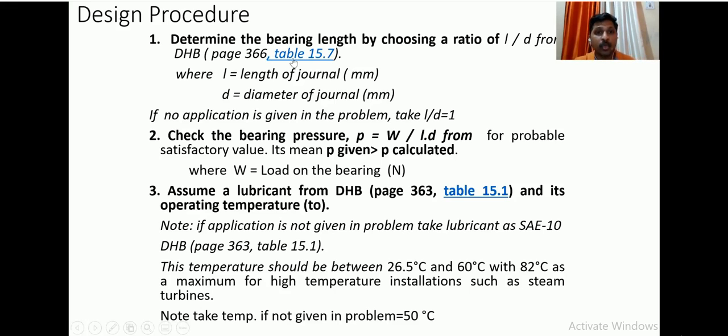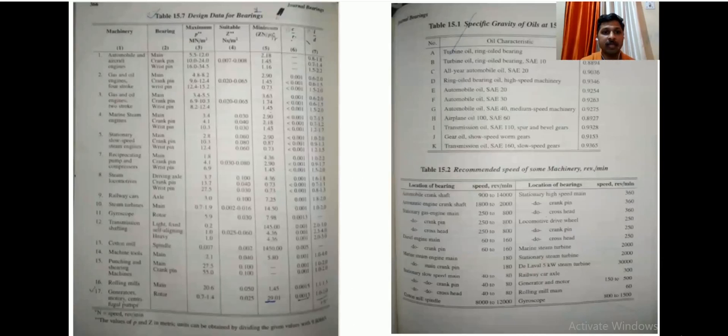You can take the value of the L by D ratio as per the application and purpose from Table 15.7, page number 66.